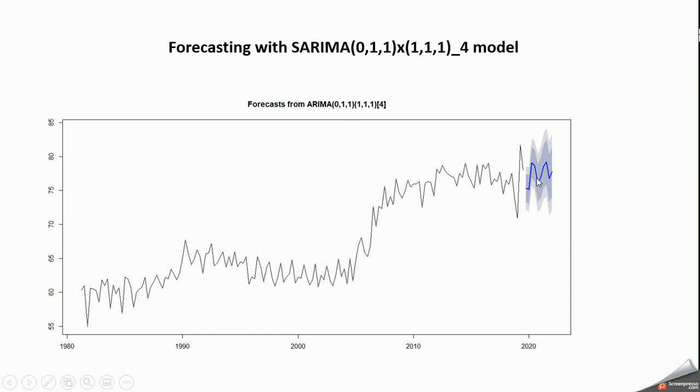The forecast is shown in this blue line, and the dark shaded green means my 80% prediction interval, and the 95% prediction intervals are the ones with the light shaded area.